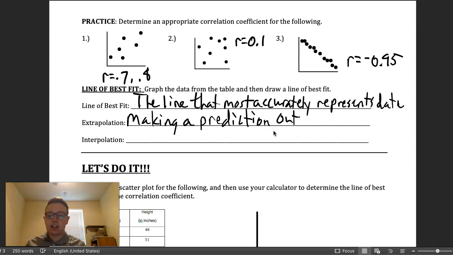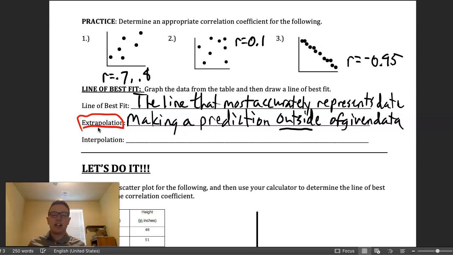It's extra, it's external, so it's outside of your given data. We have to be careful with this one because we don't know that any trend will continue outside of our data. It may just be that it suddenly changes. So we can do this, but we have to be cautious about it.